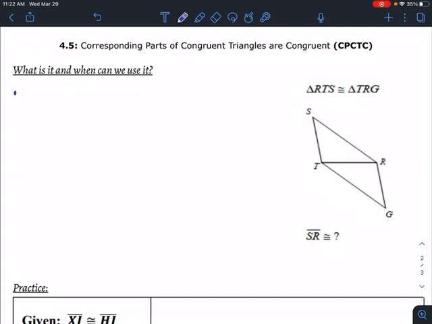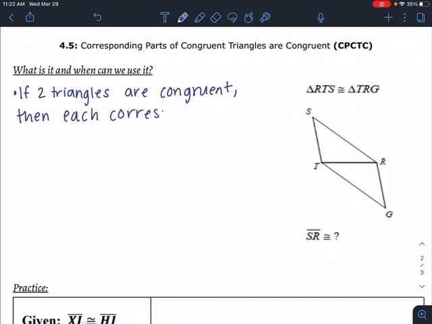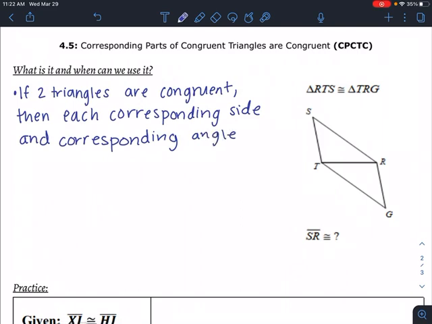If two triangles are congruent, then each corresponding side and corresponding angle are congruent.